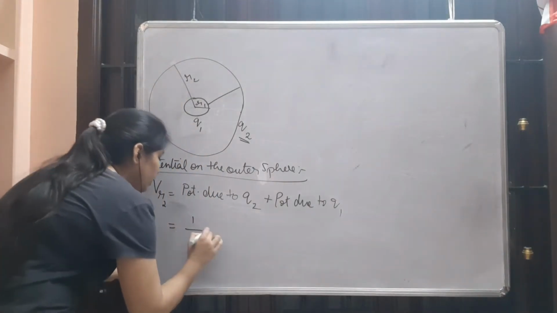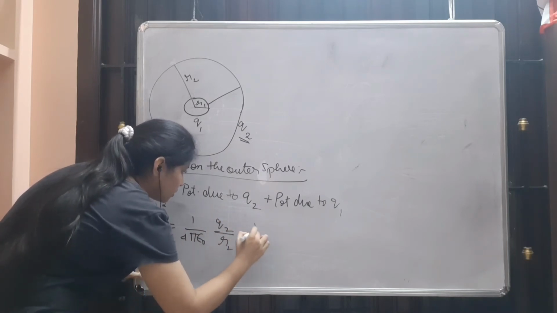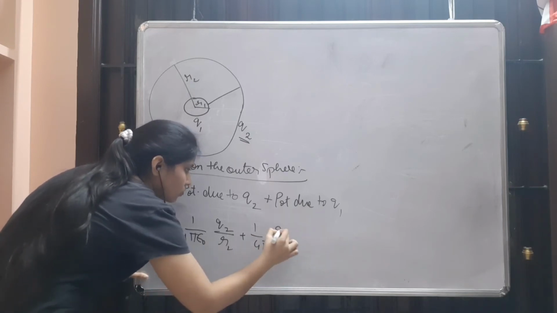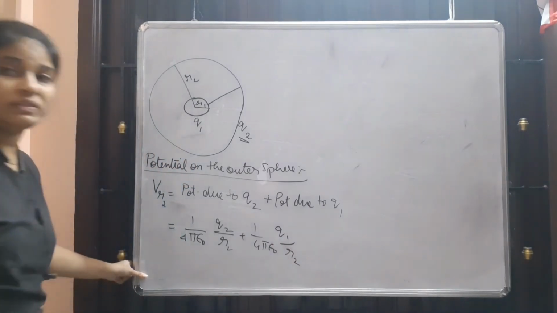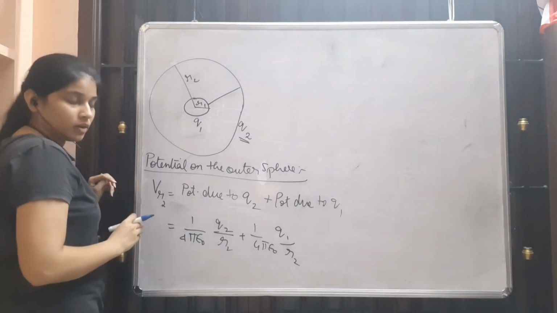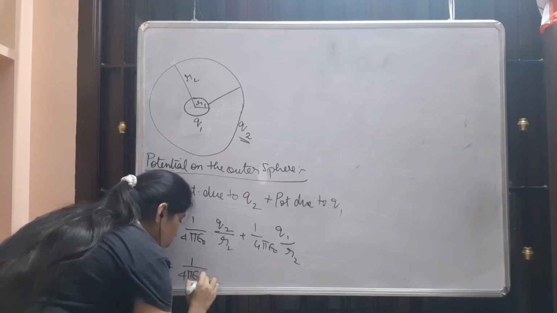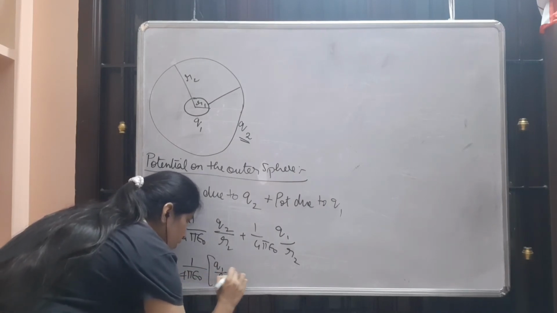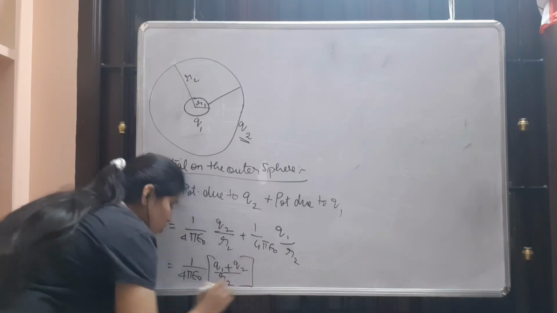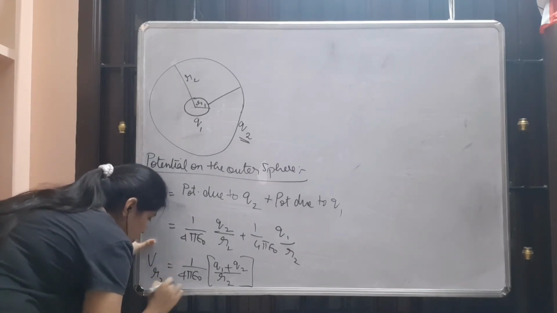So that will be 1 by 4 pi epsilon naught Q2 by R2 plus 1 by 4 pi epsilon naught Q1 by R2. R2 only we will be writing here, because at this point we are finding the potential due to this charge and this charge. So this can be written as 1 by 4 pi epsilon naught, Q1 plus Q2 divided by R2. So this is the potential of the outer shell.